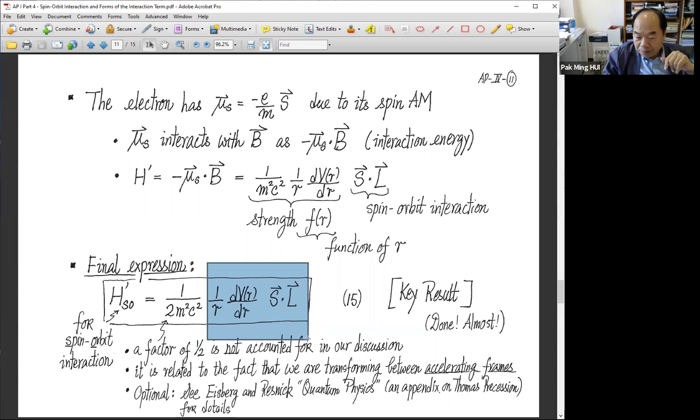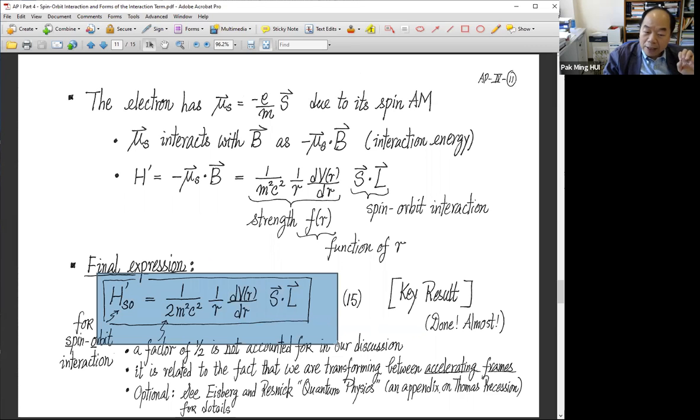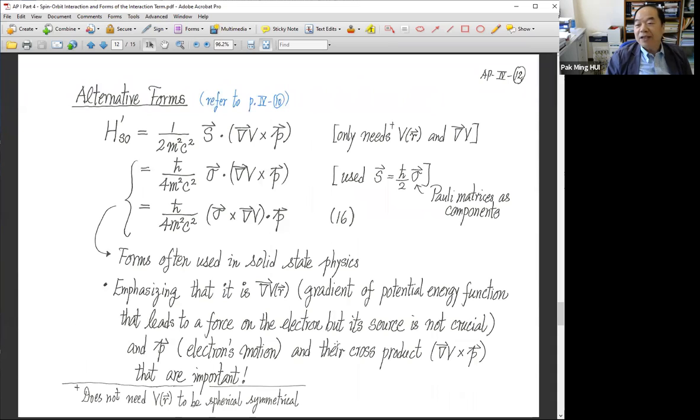For the rest of this part, I've tried to rewrite this formula so that some of you later on doing atomic physics, you know, this form is spin orbit. Some of you do solid state physics, this form is also spin orbit interaction. They're the same thing. So this is the set of different ways to write the same thing, okay?